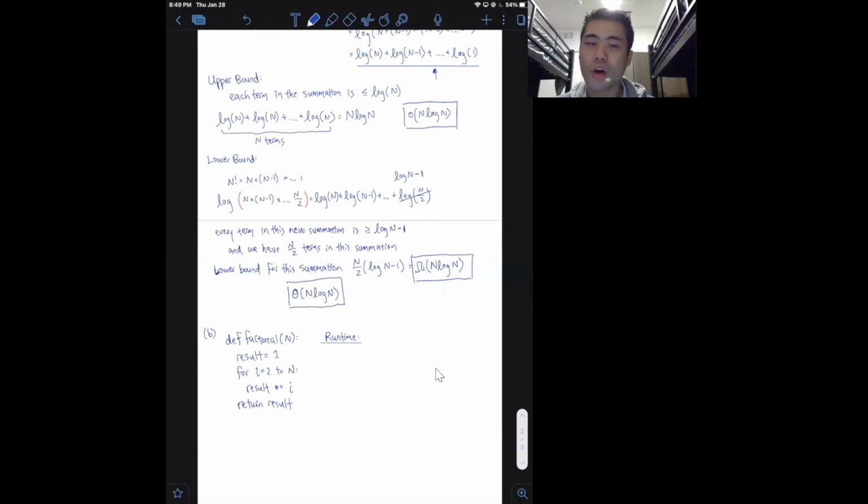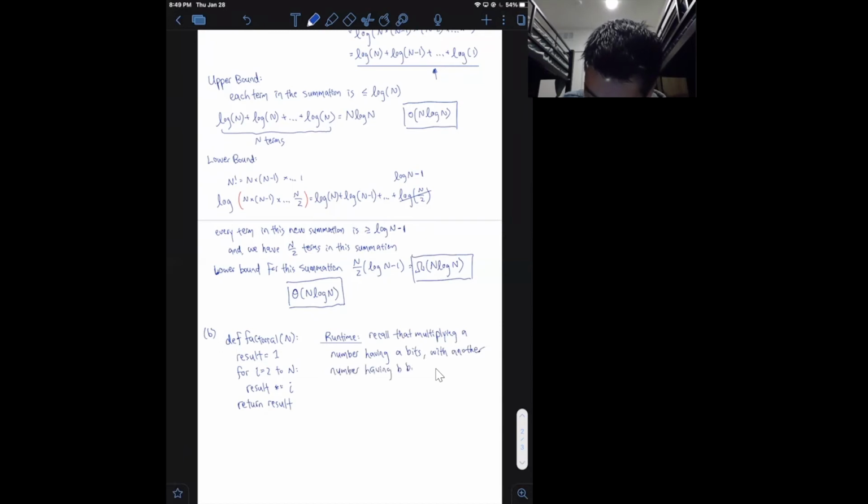What you'll recall from your textbook is that multiplying a number having a bits with another number having b bits takes O of a b runtime, okay?